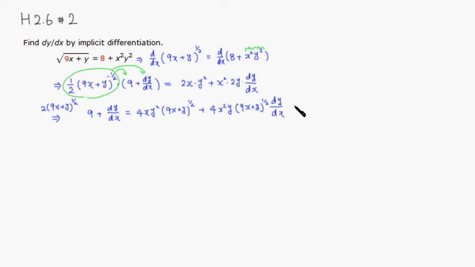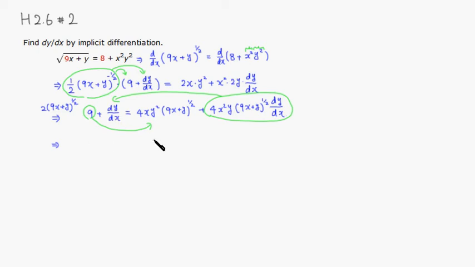Then I'm going to put 9 on the other side and put this term over to this side, so that all the terms with dy over dx are on the left and everything else is on the other side. To do that, I'm going to subtract this term.